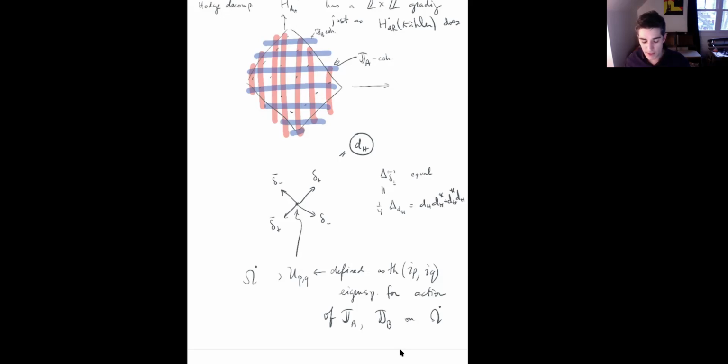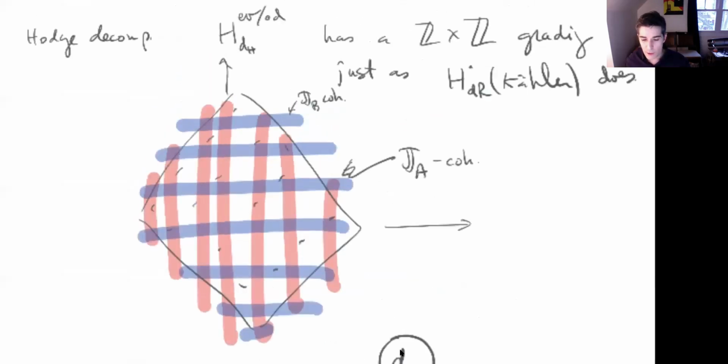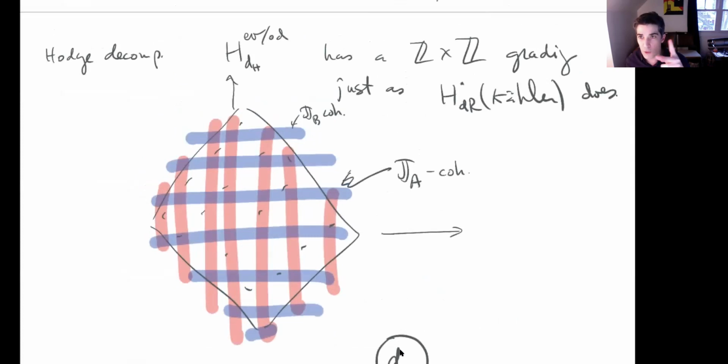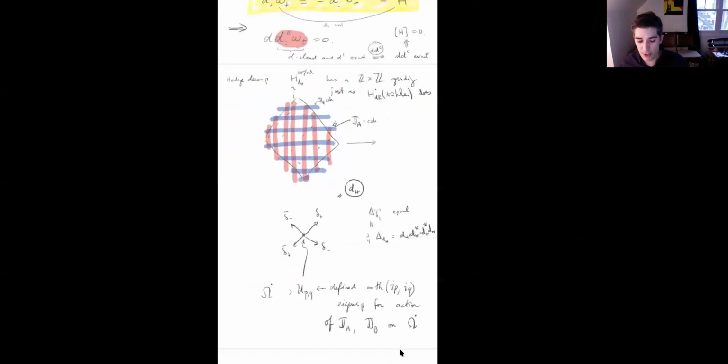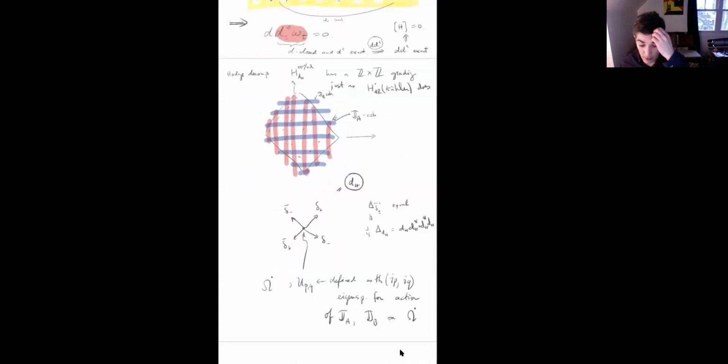Then you get a Z cross Z grading because the GC structures commute. You could think of the GC structures as defining a pair of commuting circle actions on the differential forms, and the eigenspaces, the weight spaces, give you the decomposition of the cohomology.